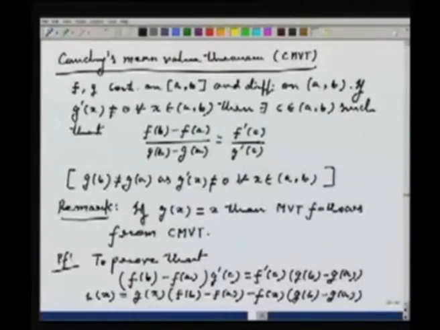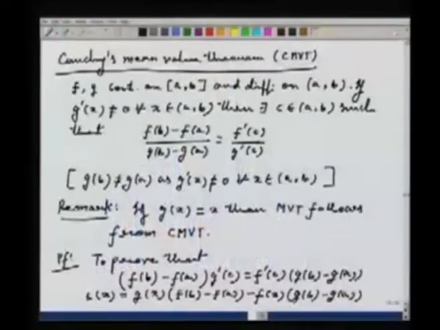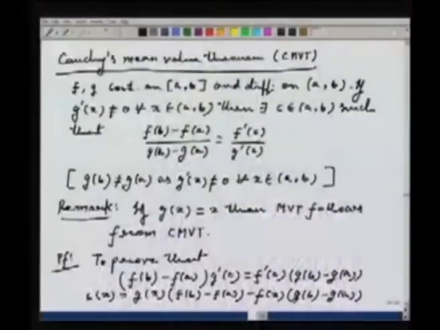Let us see, G and F both are differentiable functions on the closed interval AB. Both are continuous functions on the closed interval AB. Then suddenly H is a continuous function on the closed interval AB. Moreover, F and G both are differentiable functions on the open interval AB. So H is also a differentiable function on the open interval AB. Now I just want to check what is H at the endpoints.